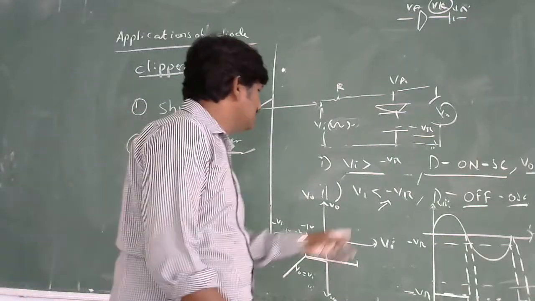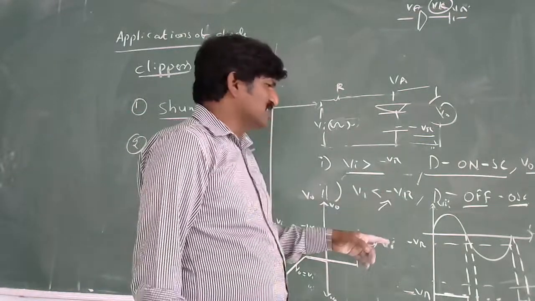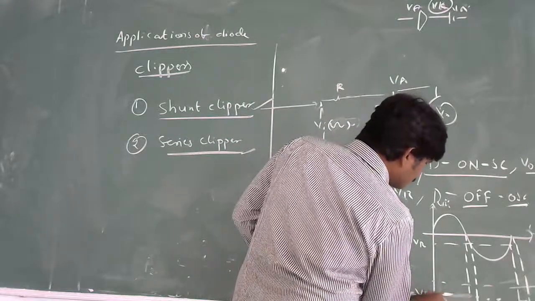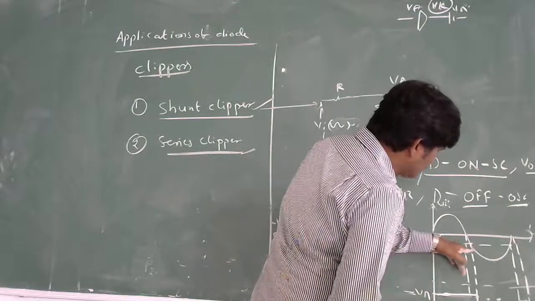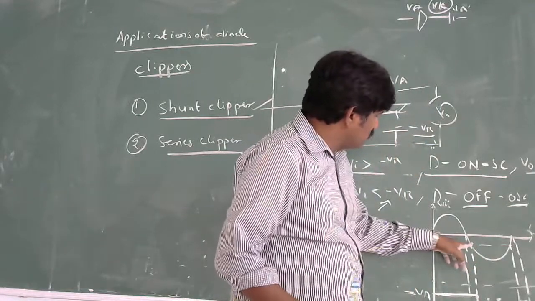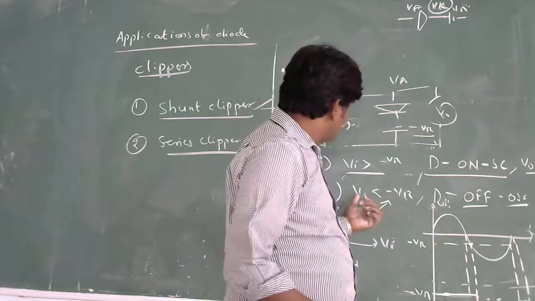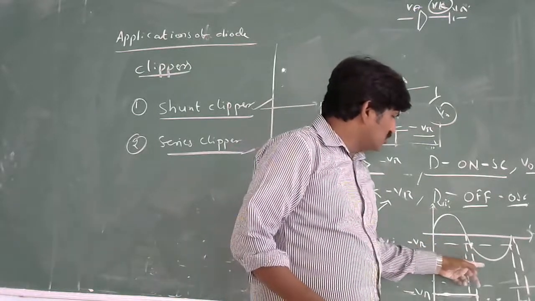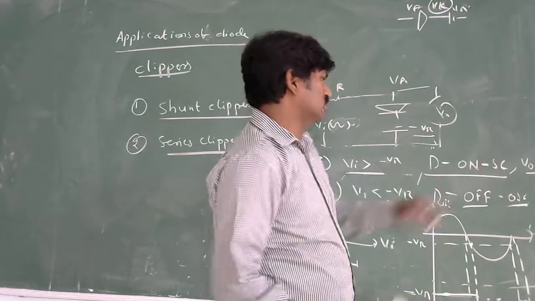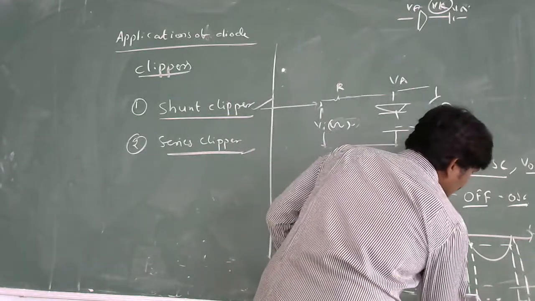Now you consider this one: Vi is less than minus VR. Once the input voltage is less than minus VR, this is the point where you can trace out minus VR on the input. This total portion is less than minus VR, so in this portion the output follows the input, very simple, like this.